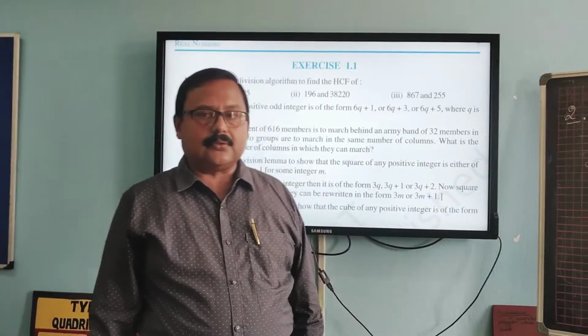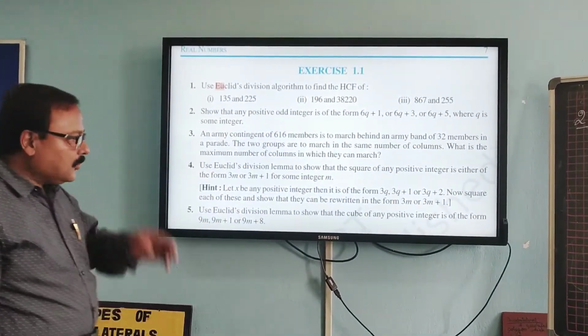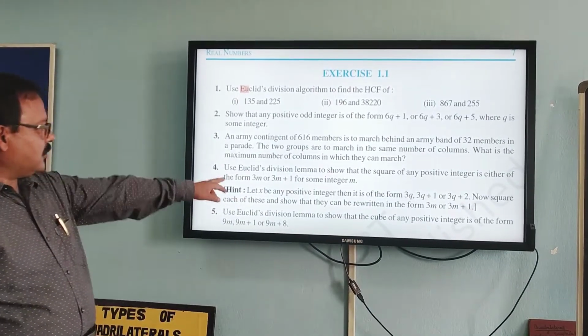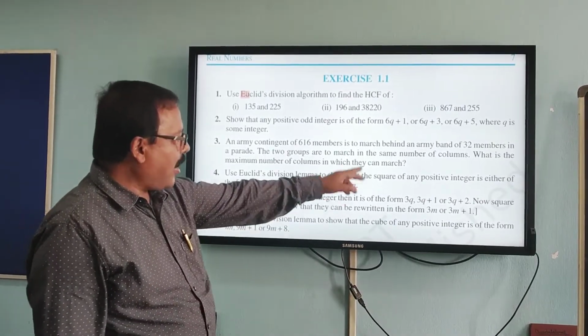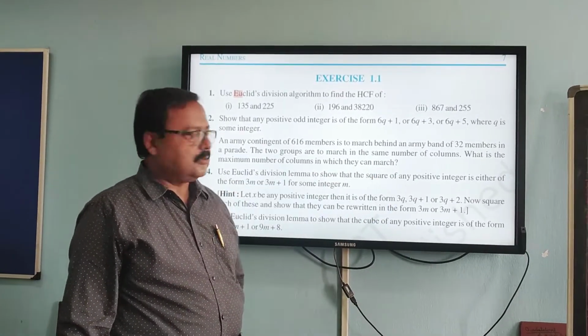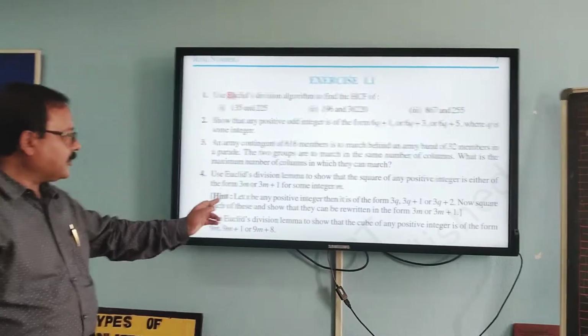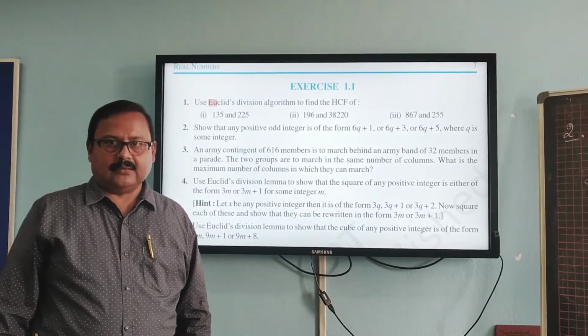Okay, you understood, children? Now again we are going to solve question number 4. Use Euclid division lemma to show that the square of any positive integer is either of the form 3m or 3m plus 1 for some integer m.